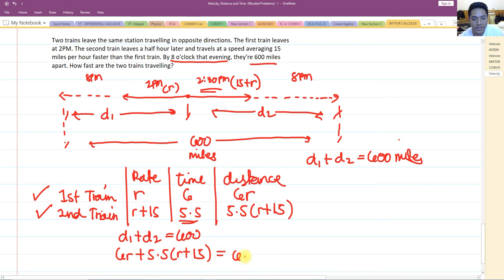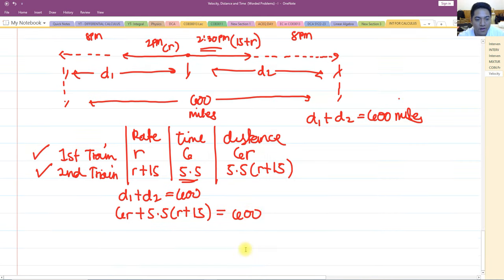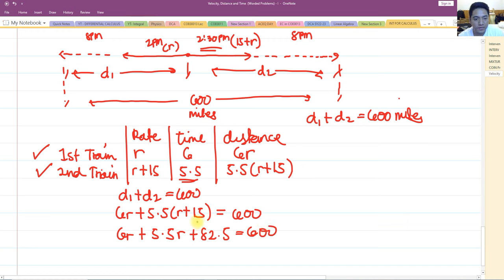Now, getting the R, distributing 5.5 to R plus 15, 5.5 times 15 becomes 82.5. So, 6R plus 5.5R, that's 11.5R, equals 600 minus 82.5.